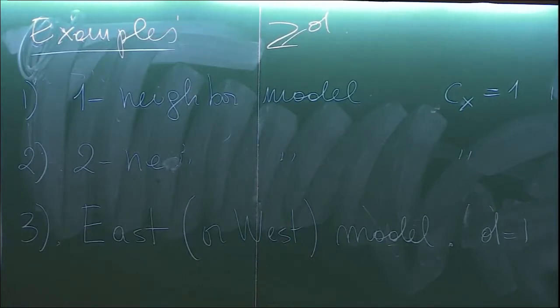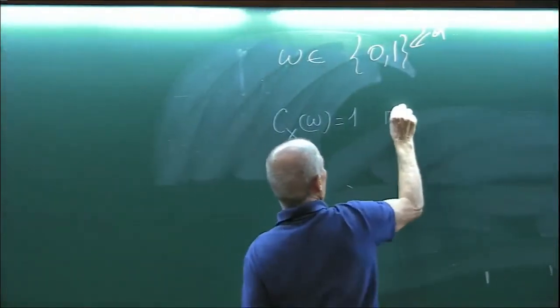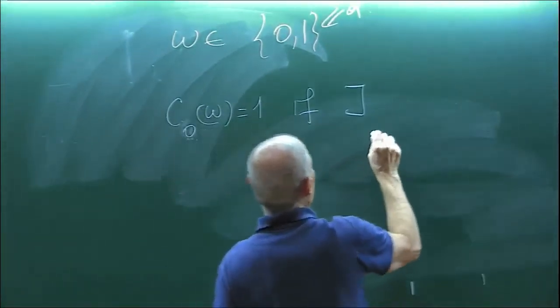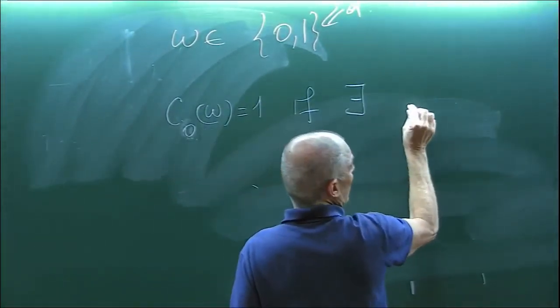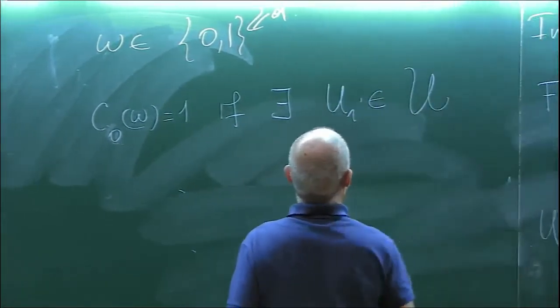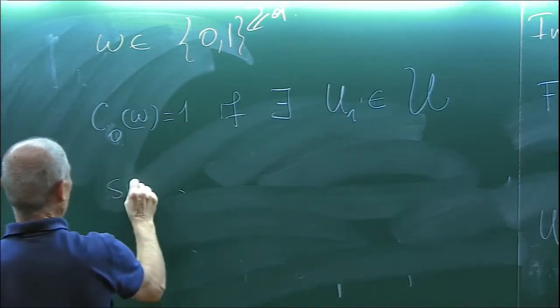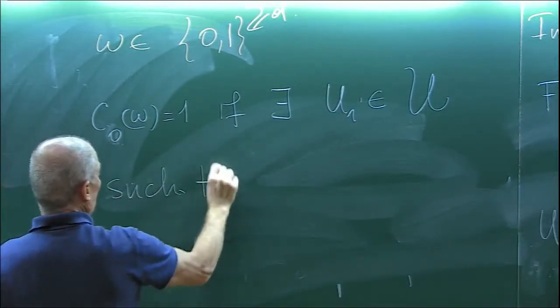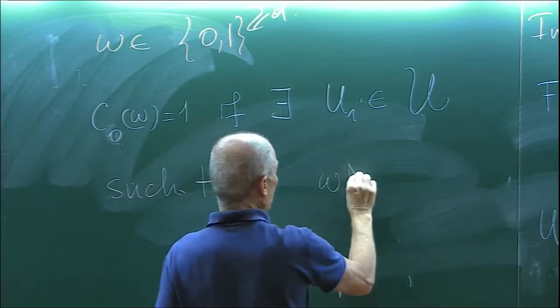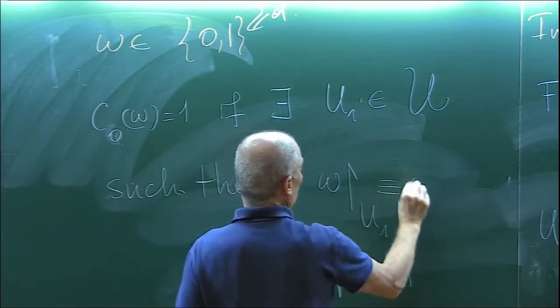Given omega, you say that c_0(omega) is 1 if there exists U_i such that omega restricted to U_i is 0.